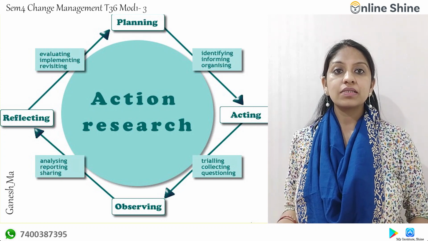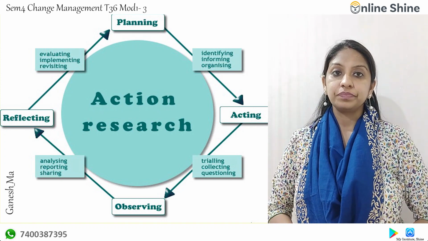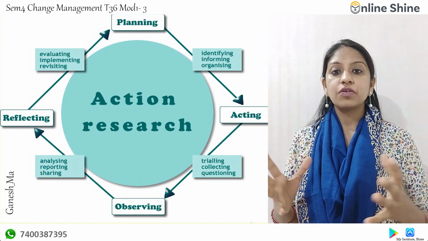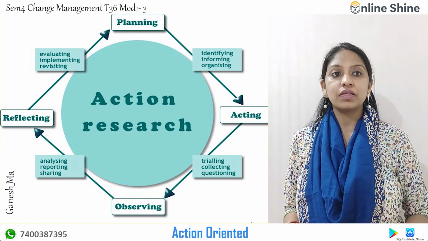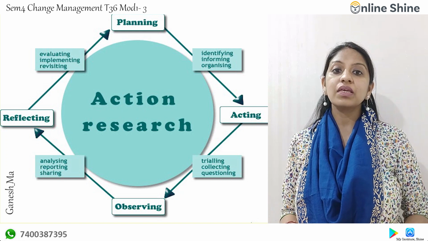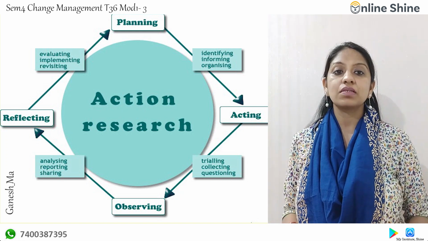Now we will discuss the action research model. The entire process of action research, as its name implies, is action oriented with the objective of making the change happen successfully.